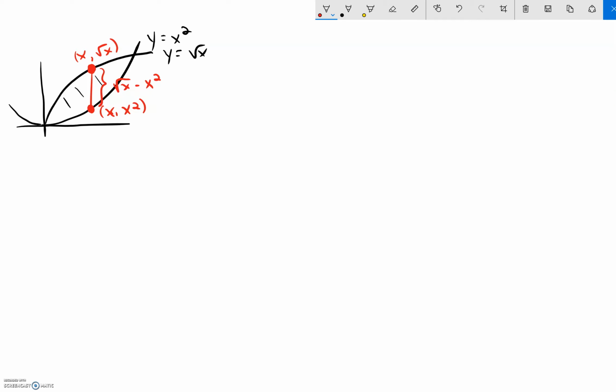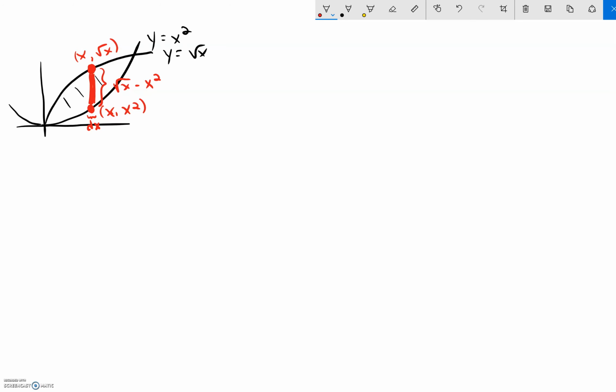And I want you to think about, in a sense, that's the edge of this square tile that's put in region R to form this solid, but I want you to think about that having a thickness. So if I give that a thickness, that thickness is going to be some arbitrary change in x, which we'll call dx.